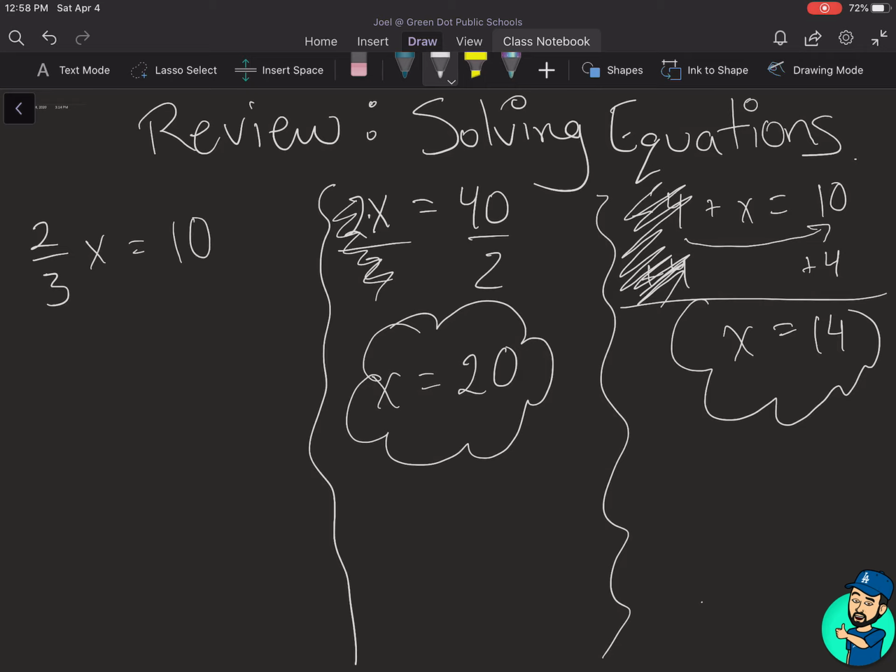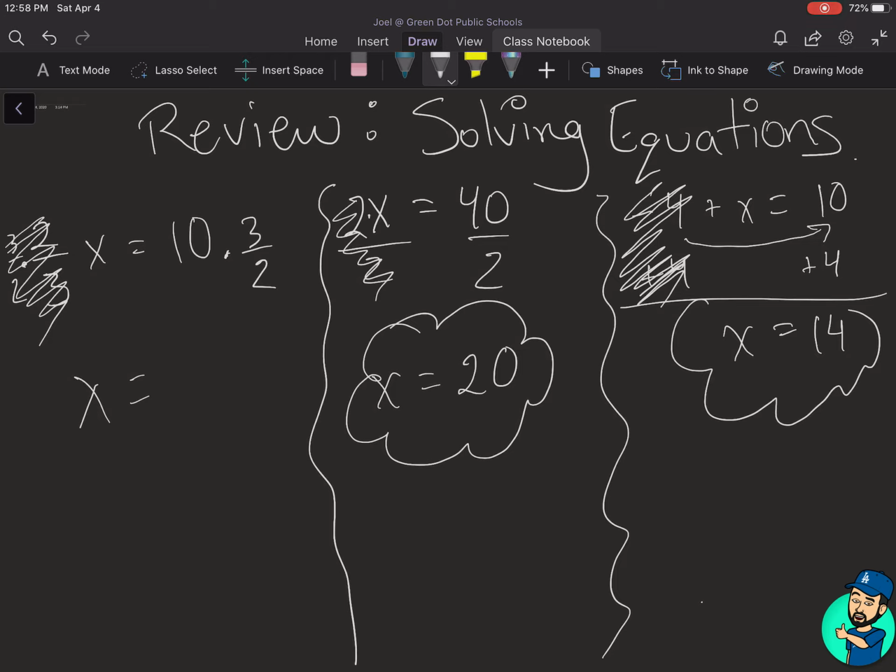Do you remember what you have to do? You need to multiply both sides by the reciprocal. That means I'm flipping the fraction over. So like this. That way this turns into nothing. It's 1. 1x is just x. I bring down the equal sign.